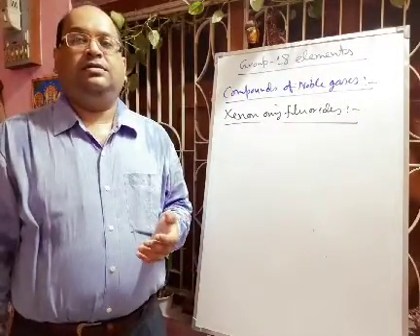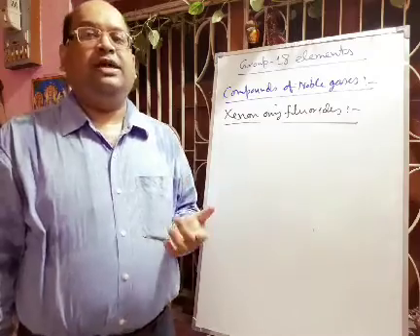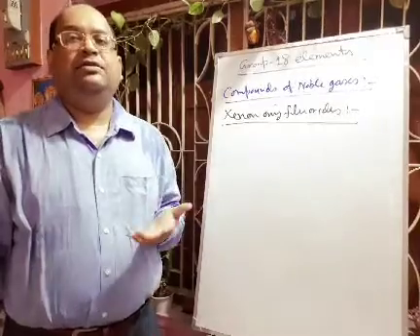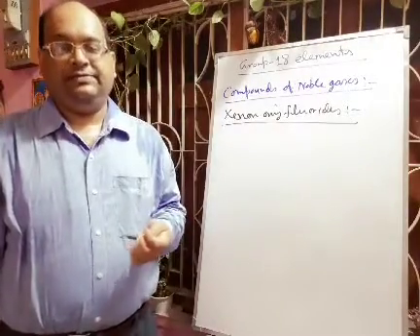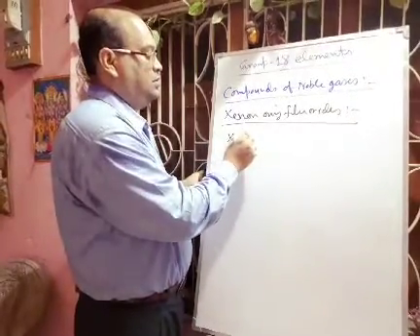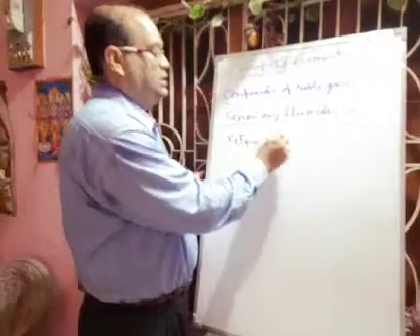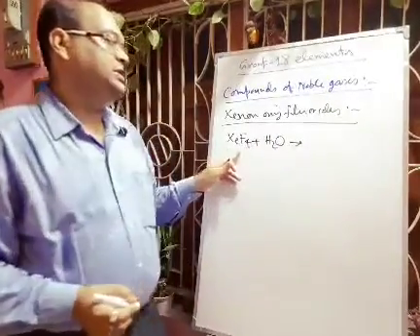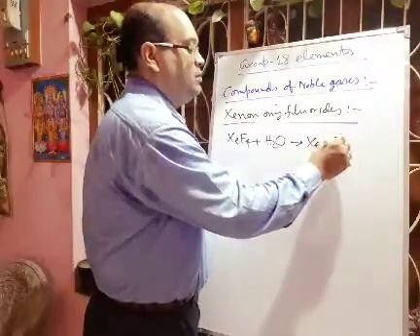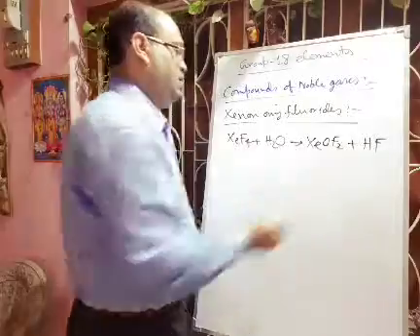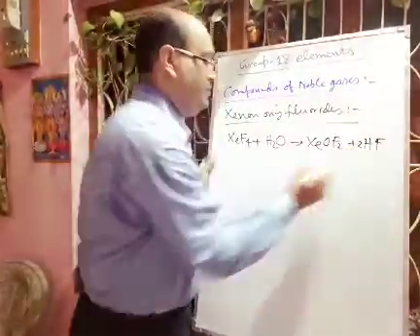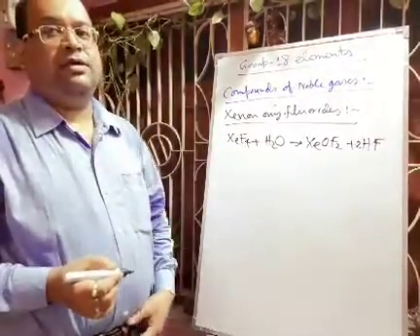Oxyfluorides of xenon can be obtained by the partial hydrolysis of XeF4 and XeF6. Suppose you are taking XeF4 and giving water, definitely it will form xenon oxyfluoride, XeOF2 plus HF. Now here you see that fluorine is 2 here, so here you have to put 2. Hope you can understand what I am telling.